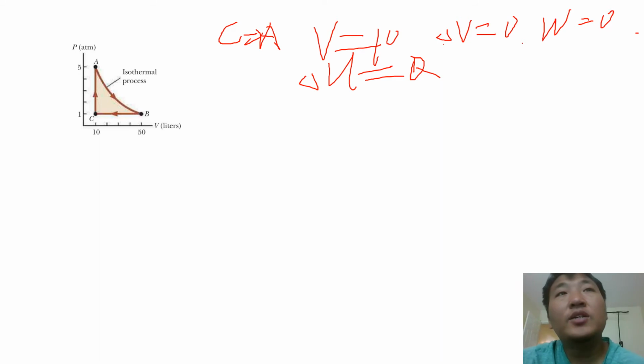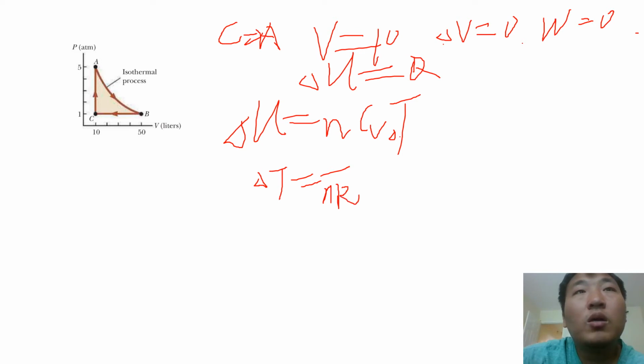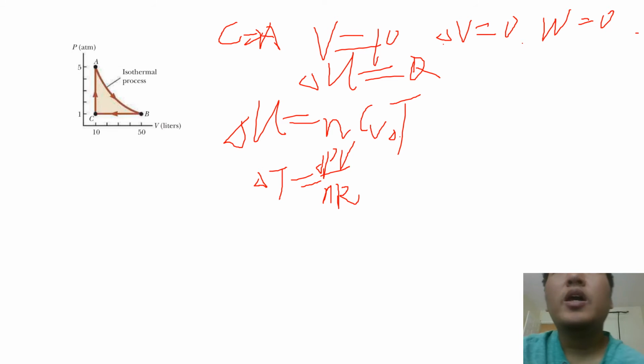And we can use delta U equal to n Cv times the temperature changes. And the temperature change equals delta PV over nR. Because the V doesn't change and the pressure changes, we can just make it delta P V. And we can plug this number into here.